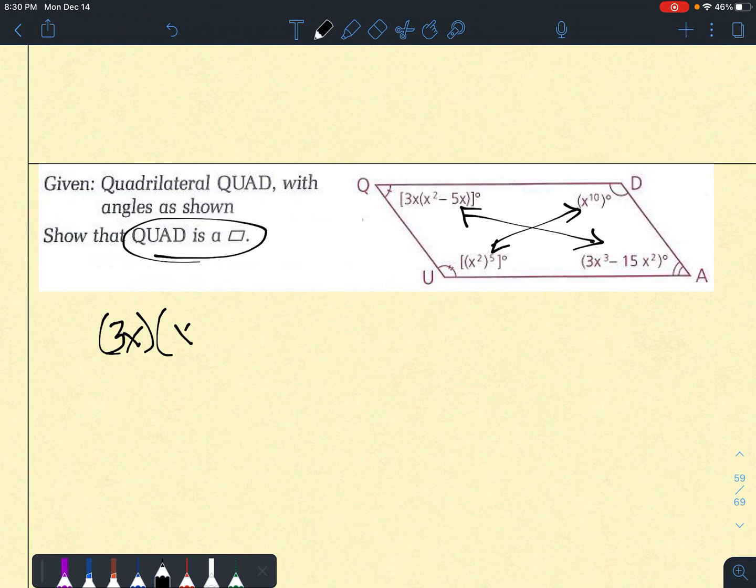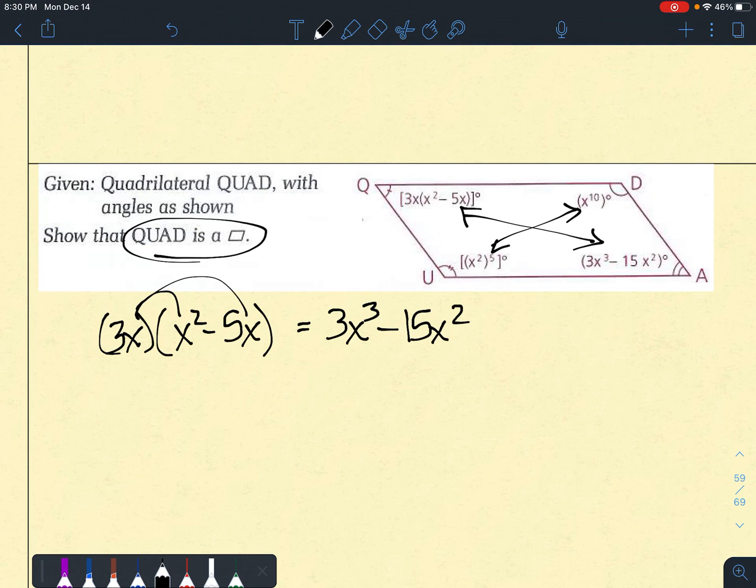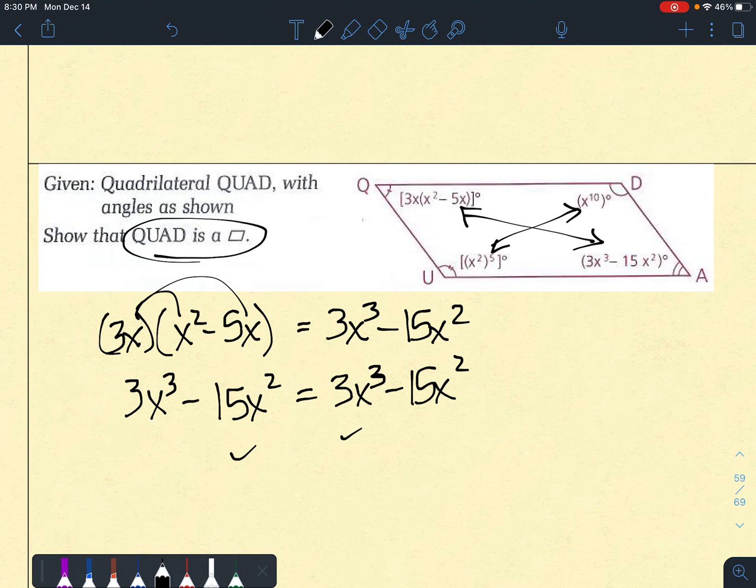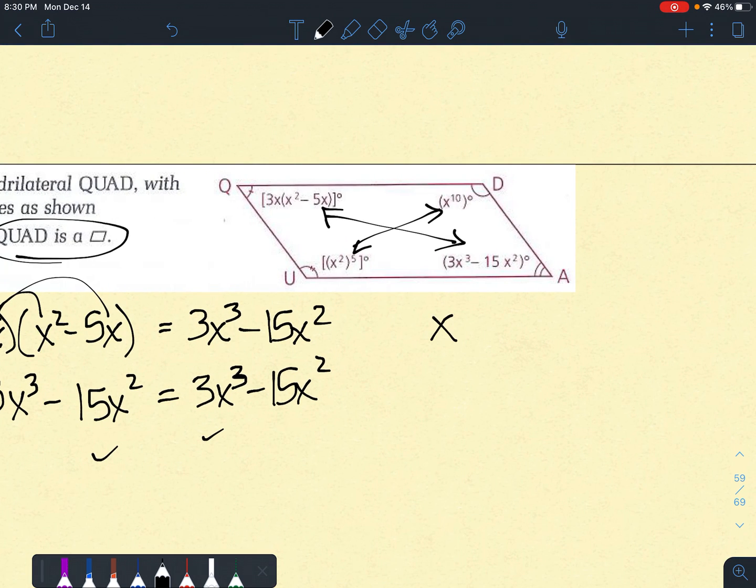So 3x times x squared minus 5x should equal 3x cubed minus 15x squared. And notice when we distribute here, we get 3x cubed minus 15x squared, right? So yes, that worked out nice. By the same token, if we take x squared to the 5th power, that is going to give me x to the 10th, because remember, we take those powers of powers, we multiply them.